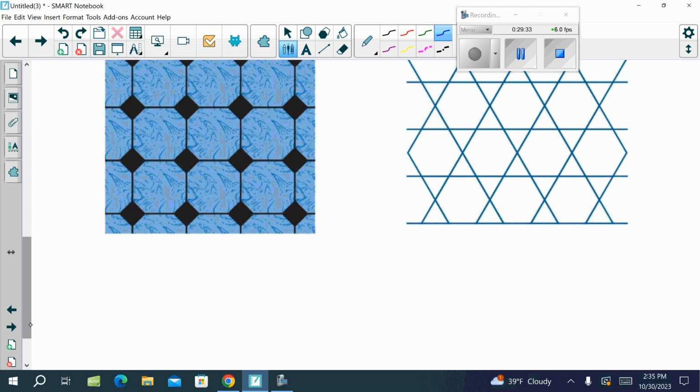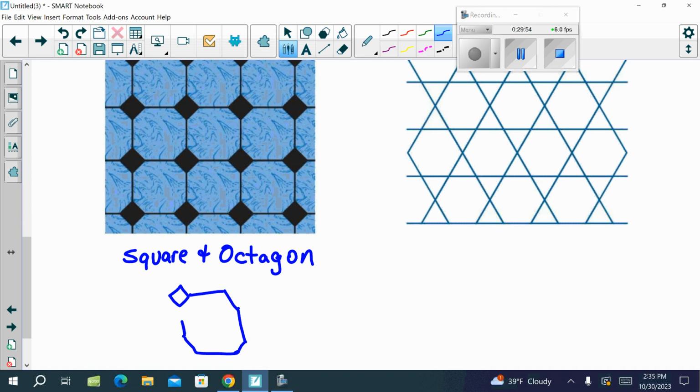Octagon. So a square and octagon. So you needed this guy. There. You needed that guy. So the little square and then the octagon. Use your basis for all of them.